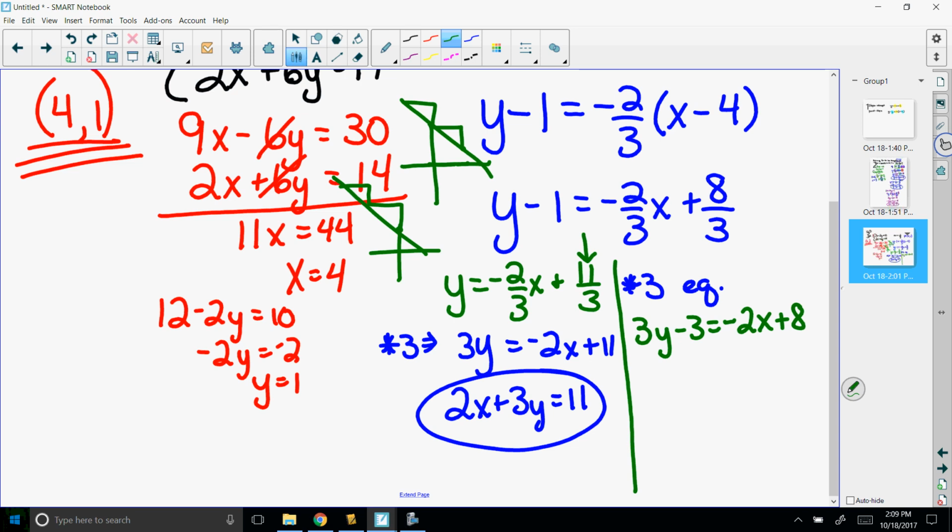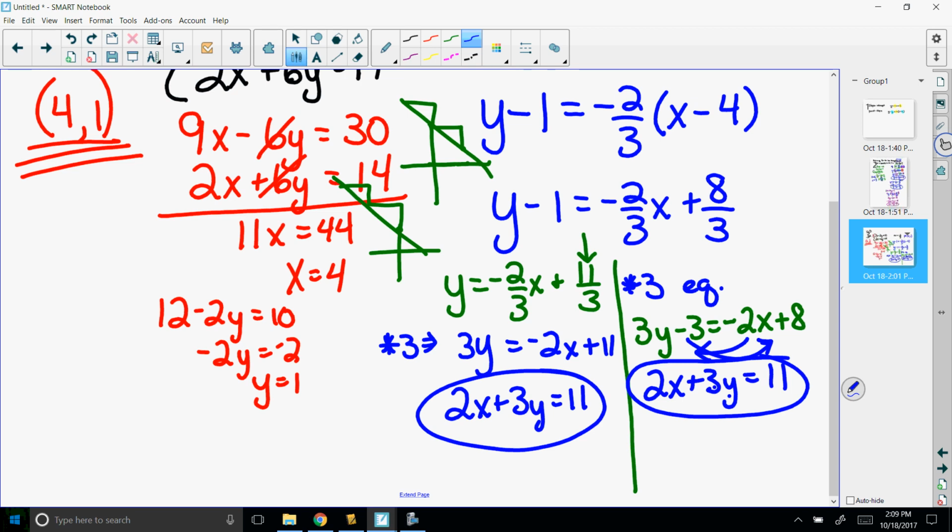Oh, no fractions. That's nice, right? Because what am I going to do from there? Well, let's move the 2x over by adding it and move the negative 3 over by adding it. And you get positive 2x plus 3y, and 8 plus 3 is 11. I didn't have to work with fractions.